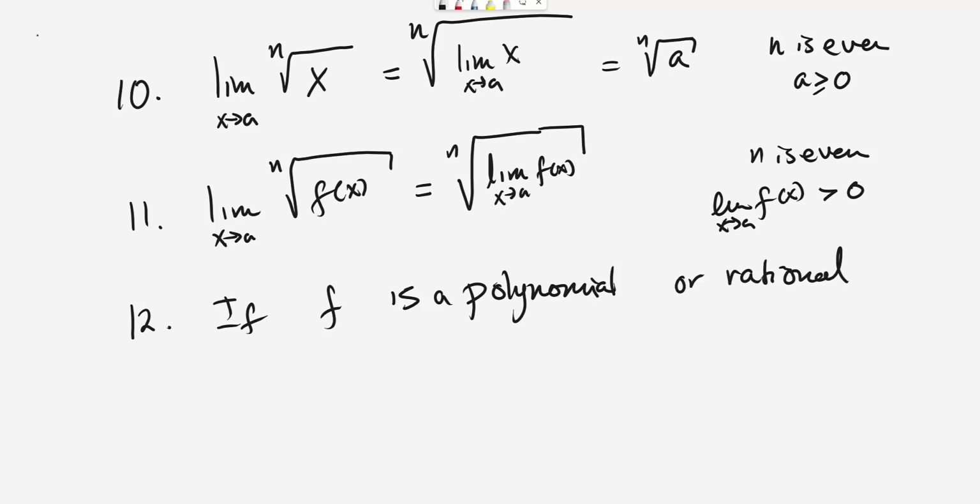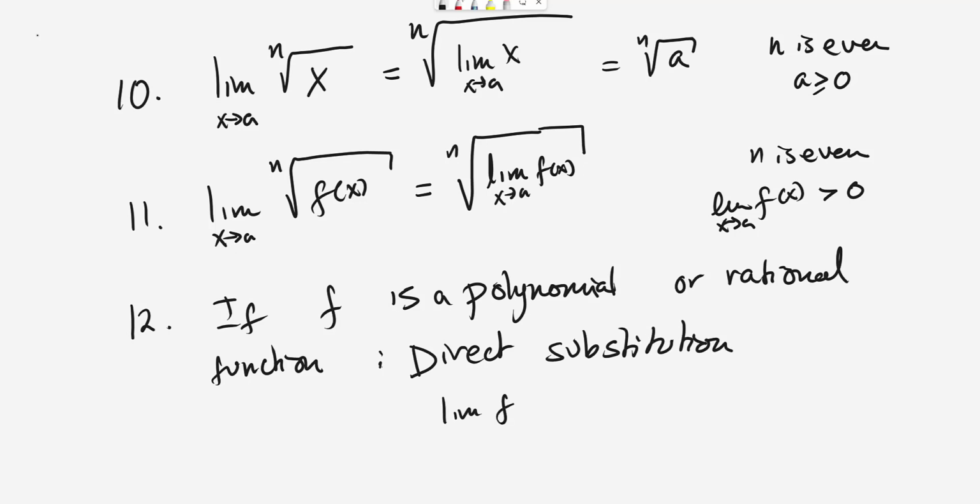Reminder, a rational function is given by a polynomial or division of polynomials. So in that case, we can use something called direct substitution. What does that mean? It means that the limit when x goes to a of f of x equals f of a. So this is just for a polynomial or a rational function.